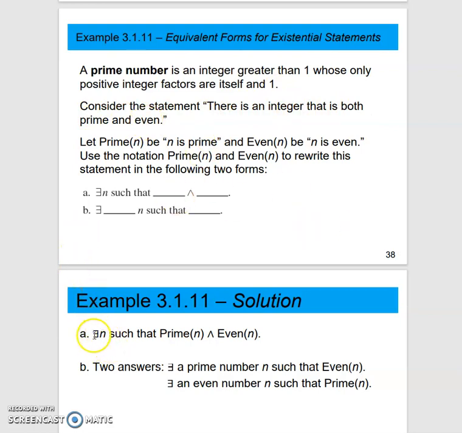And we can write there is an n such that prime n and even n, remember that is my and. I could also write there is a prime number such that even n, or there is an even number n such that prime n. So again, there's a couple ways I could rewrite that.